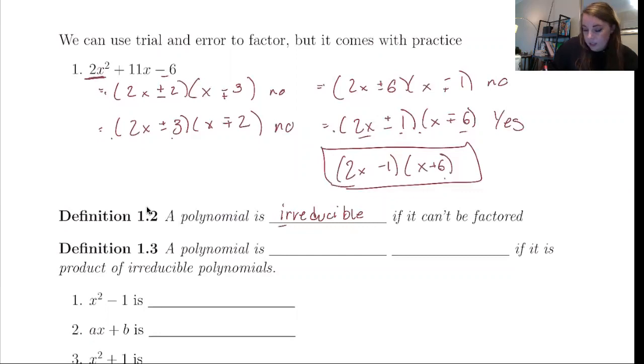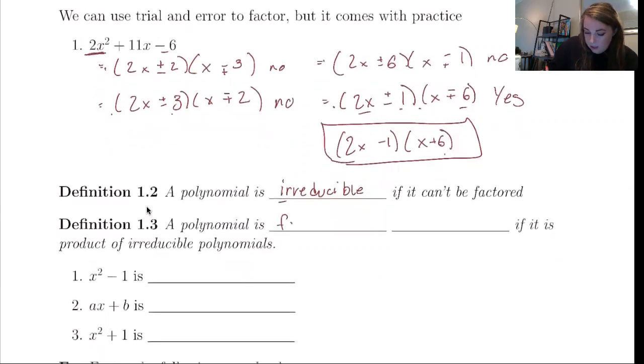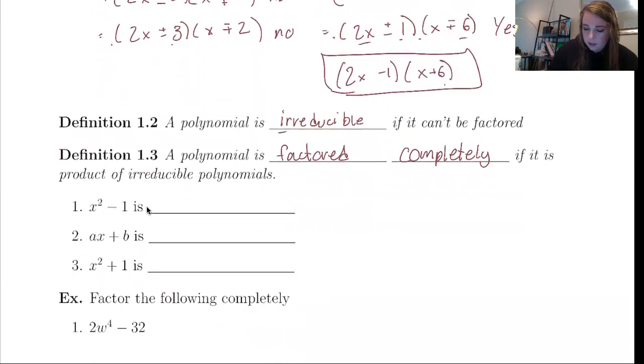All right, and so we can say a polynomial is factored completely if it is a product of irreducible polynomials. So if each factor is irreducible, we're done factoring. All right, so quick ones like this, x squared minus 1.